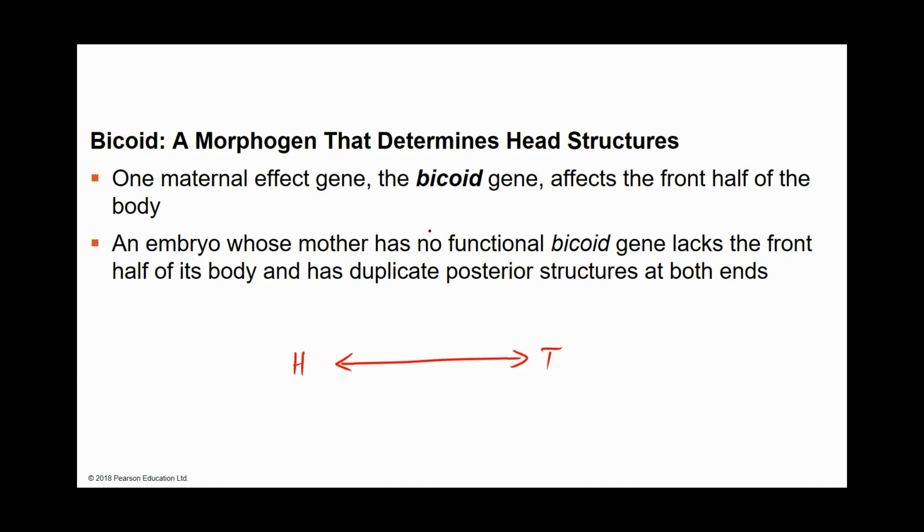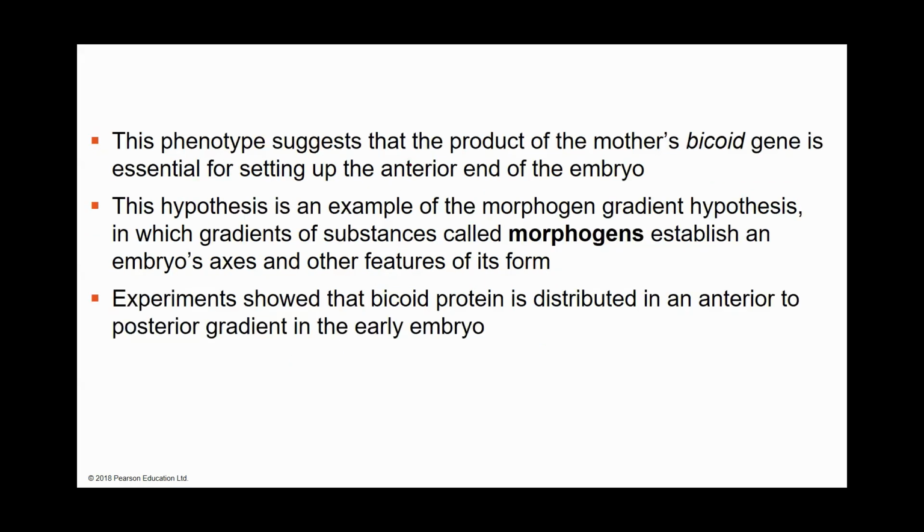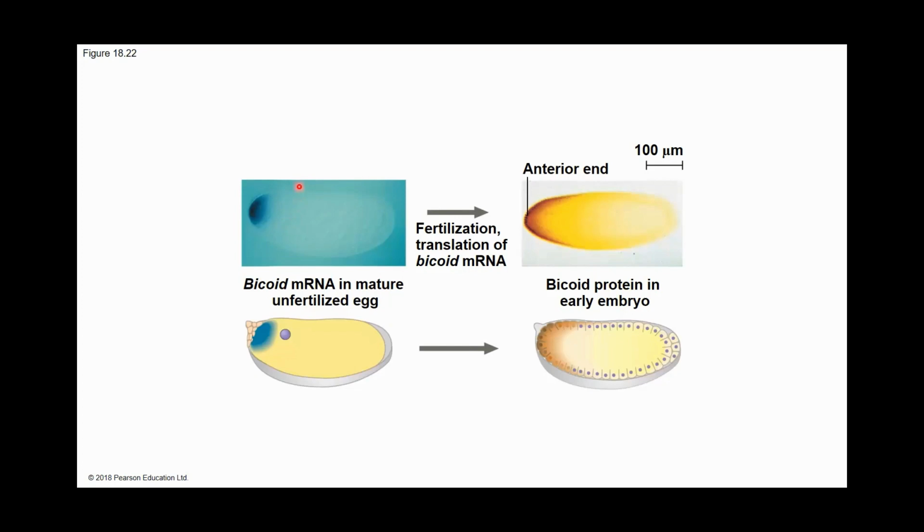Now, the bicoid gene encodes a protein called bicoid. And of course, we have a bicoid gene which will be transcribed into bicoid mRNA and then translated into bicoid protein.